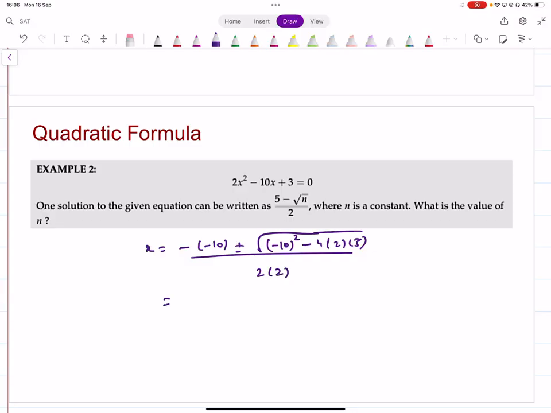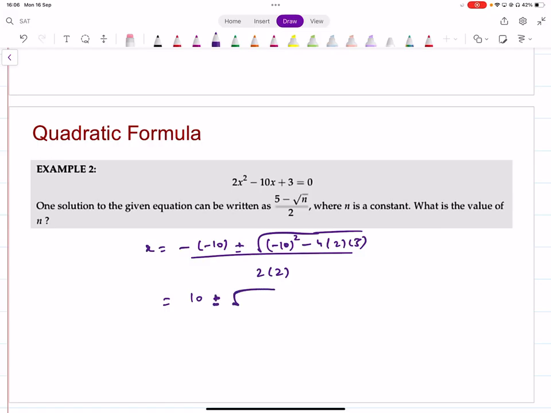Now let's simplify this. You see you've got 10 outside right now. You had 5 here. Keep that in mind. We're not just looking for what is inside the square root. We first have to convert this to 5 as well. We can't compare them otherwise. Let's simplify this.